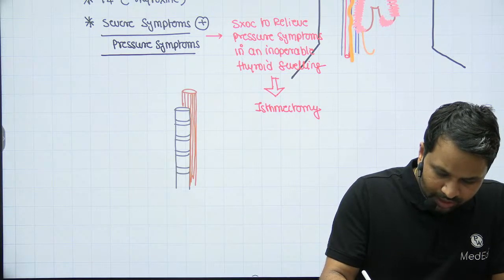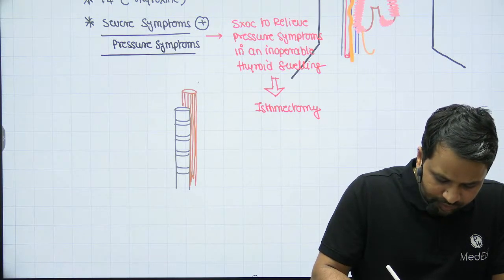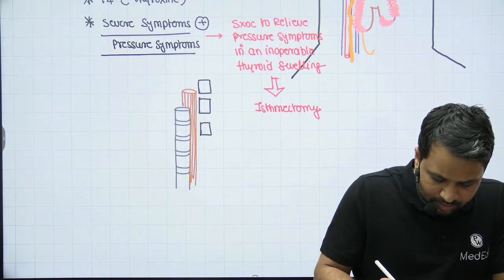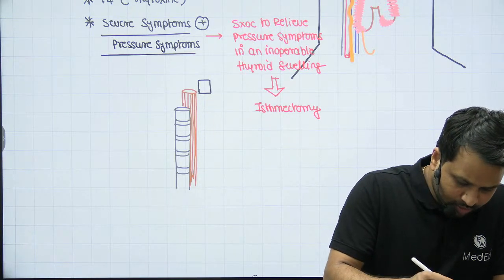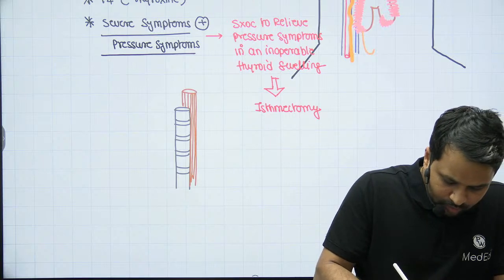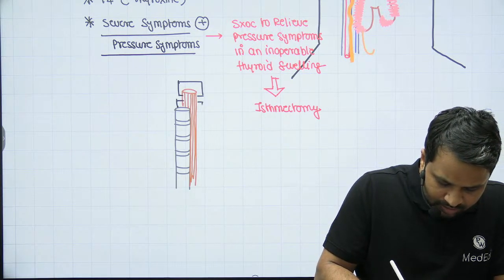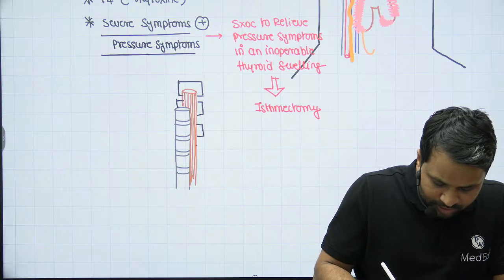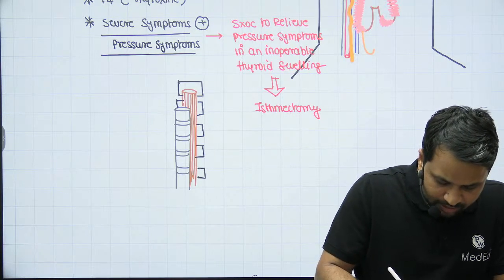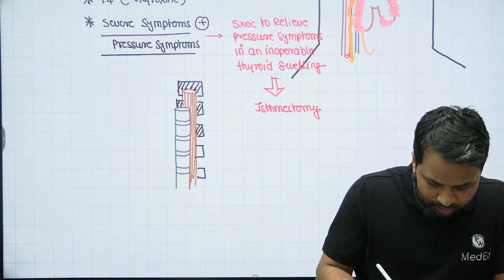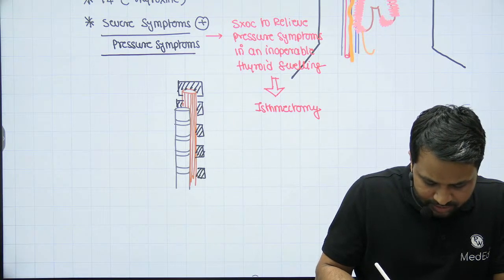And then you have the vertebra which is going to be on the posterior most side. So this is the vertebra that you would see on the posterior most side.